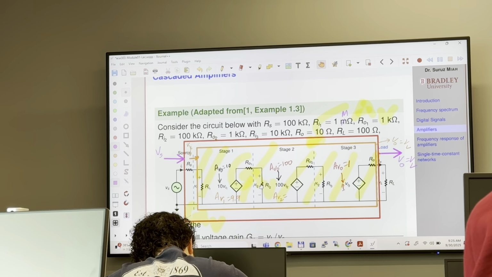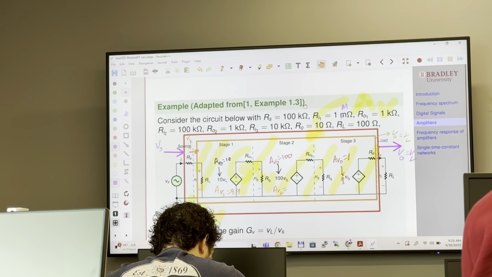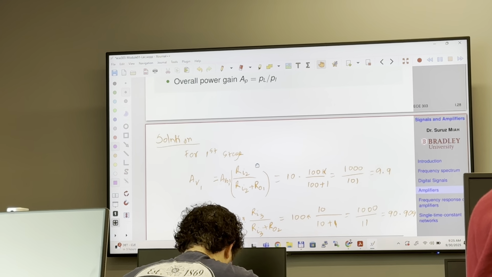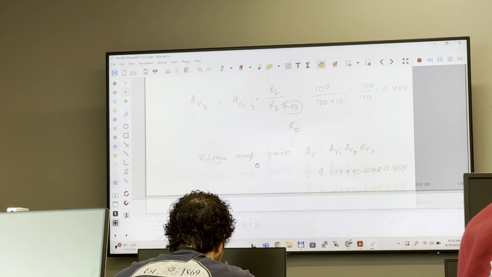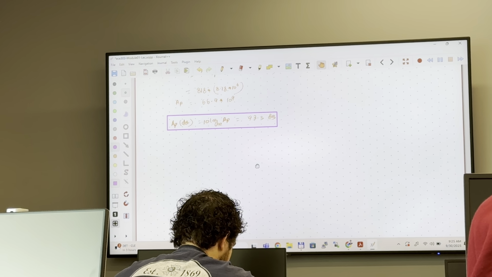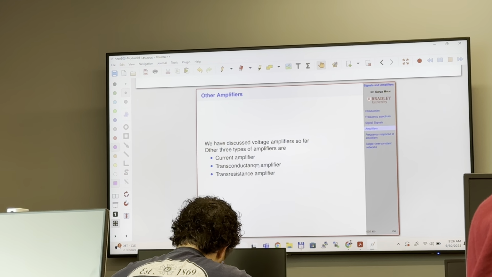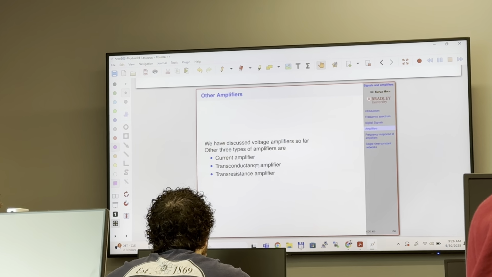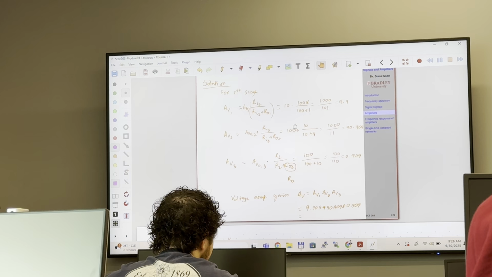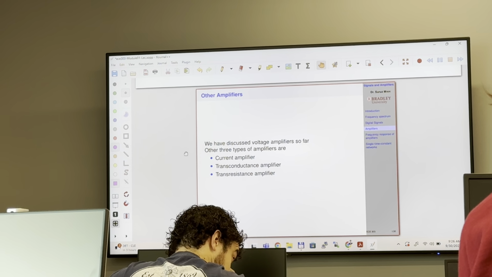Because I have redrawn this circuit, that's why I said that it's adapted. And I modified some questions as well. And we went through this solution in class. Those you missed, you should take the solution from your peers. So this is the most important example that you should focus on. Next.